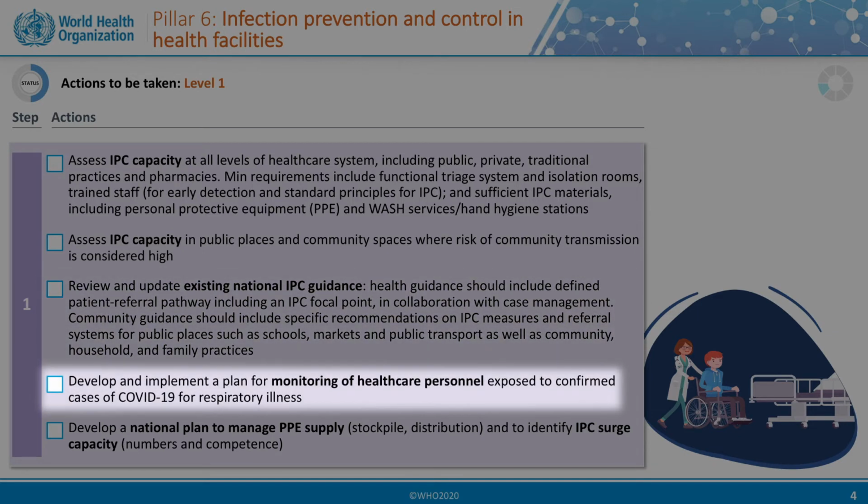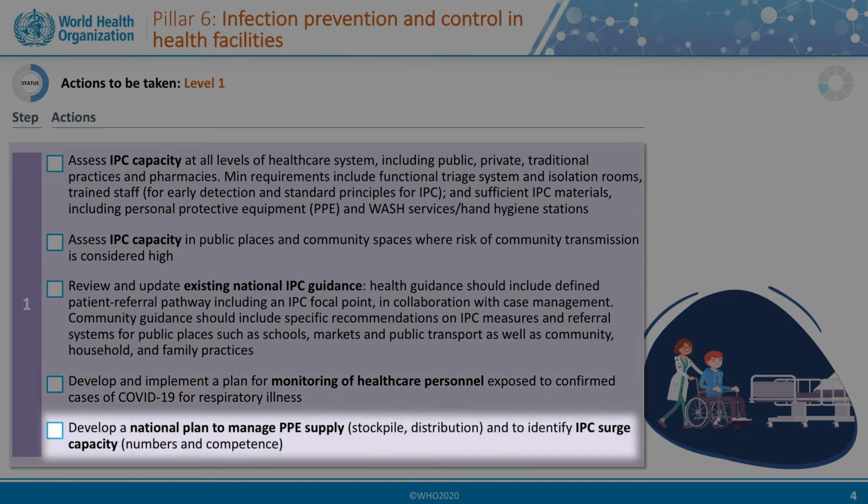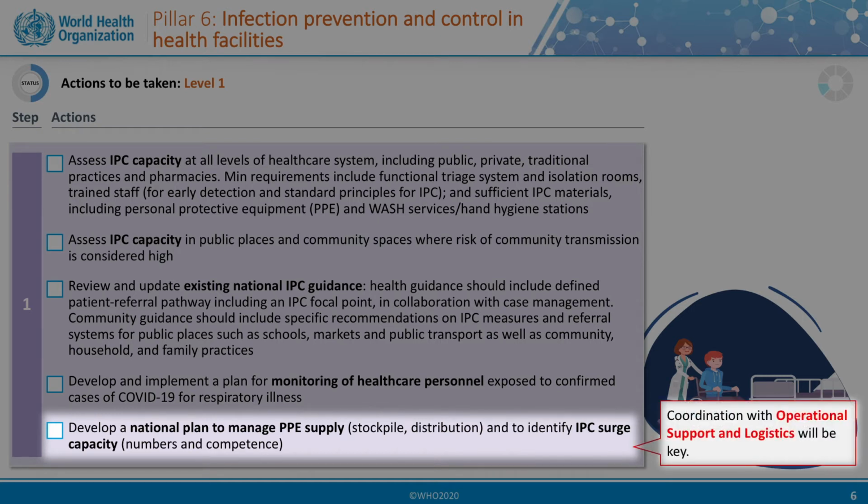With respect to healthcare personnel, a plan should be put in place to monitor exposure to confirmed cases of COVID-19. Additionally, all countries need a national plan to manage PPE supplies, stockpile, and distribution. This needs to be coordinated with the operational supply and logistics team.